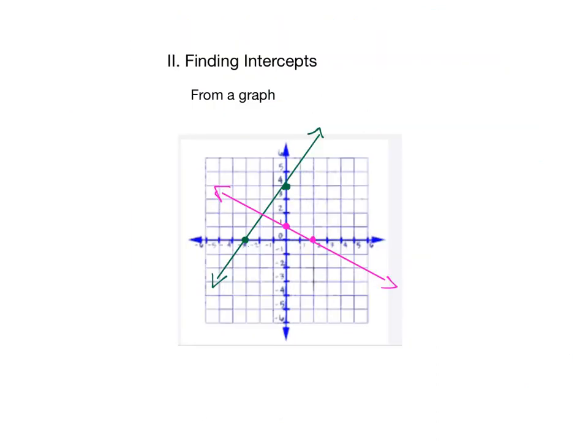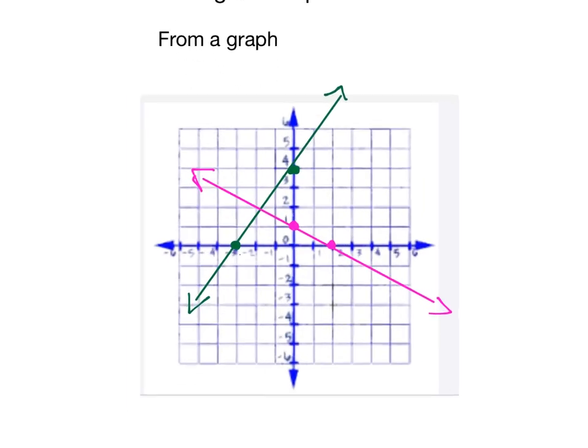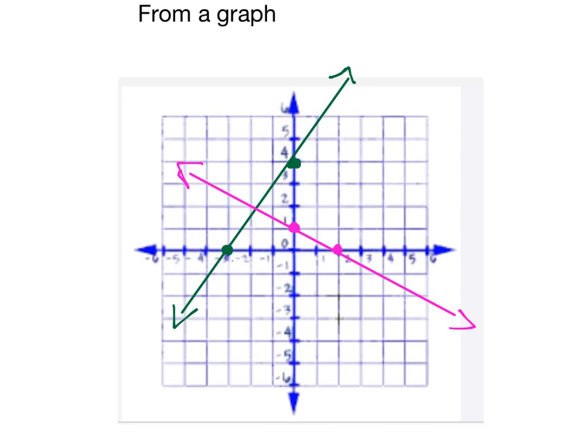All right, let's find intercepts. Now, if I give you a picture of a graph, when I ask you to find the x- and the y-intercept, you're just looking to see where the graph crosses the x- or the y-axis. So, for example here, the pink line is hitting the y-axis, my y-intercept.